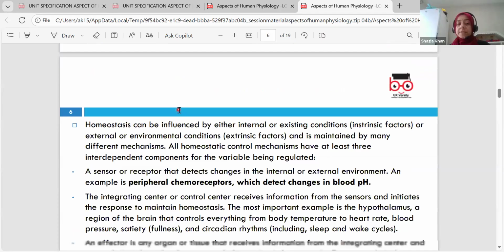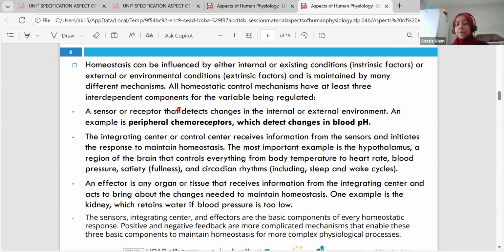Homeostasis, as I said to you earlier, is maintained in different ways. The integrating center or the control center receives information from the sensors. Throughout your body system, you have sensors, and they initiate this response to maintain homeostasis.